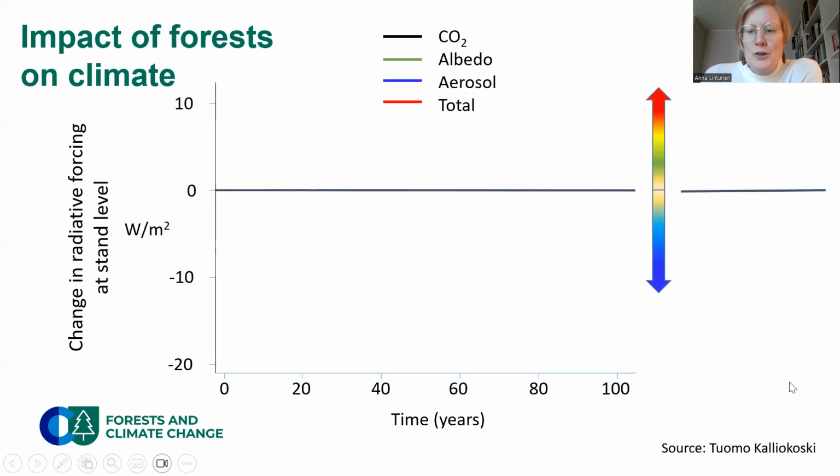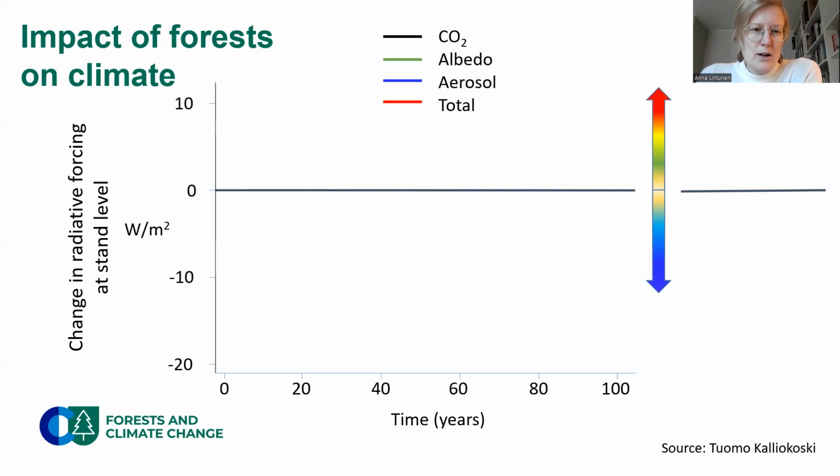Let's here look at one example forest. This is a pine forest in Finland. And let's look at how it impacts climate through one rotation period. And rotation period means in forestry the time period from the establishment of the forest, let's say planting of the small trees, until it's cut down.